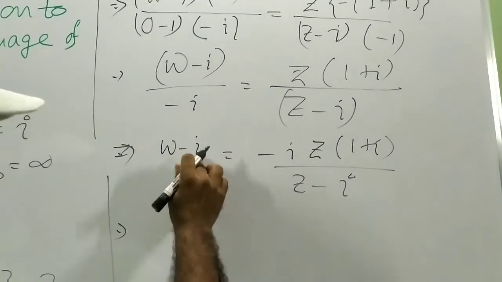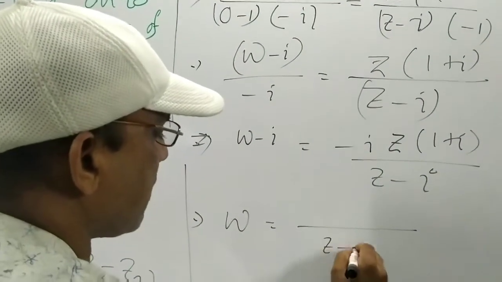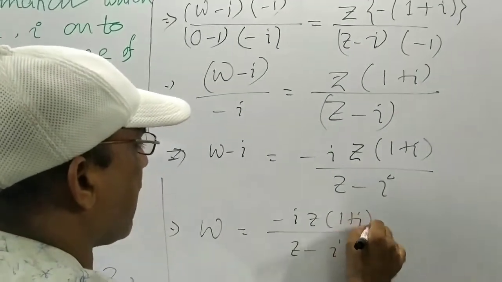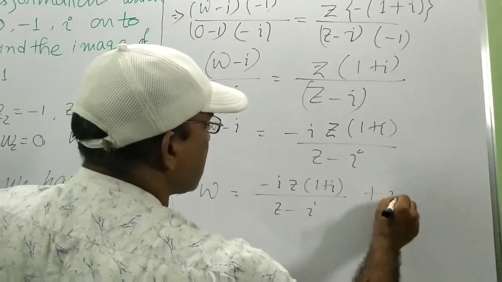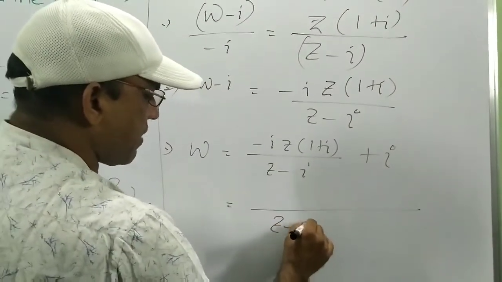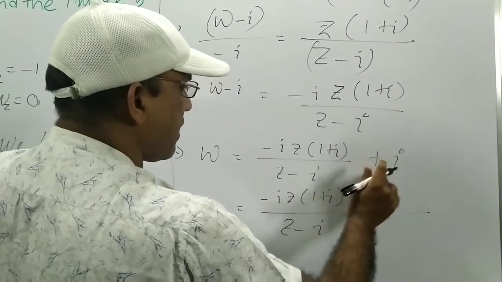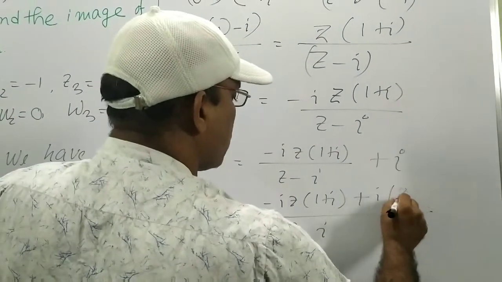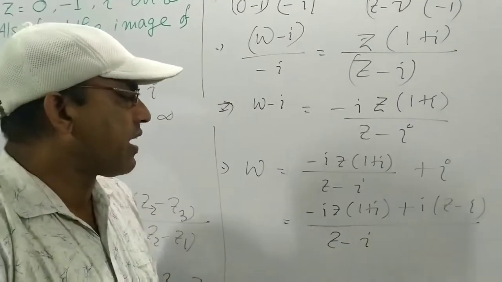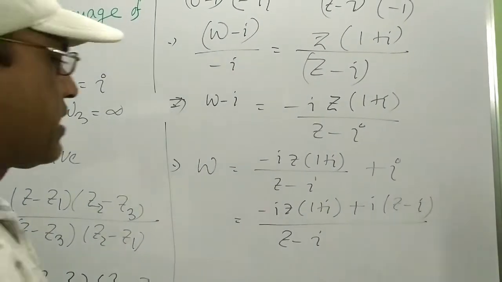So taking this i to the right hand side, w equals (z - i - iz(1 + i)) by (z - i), plus i, and taking LCM, (z - i) minus iz(1 + i), and this is i into (z - i). So if we take LCM, then we get this.